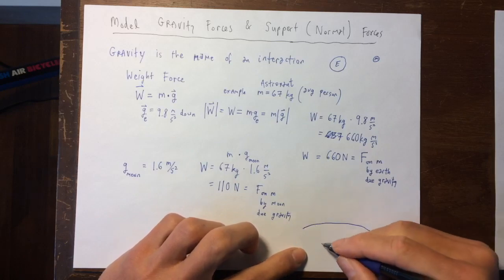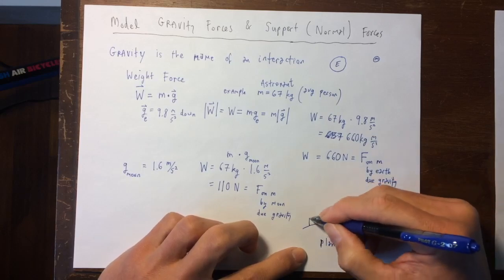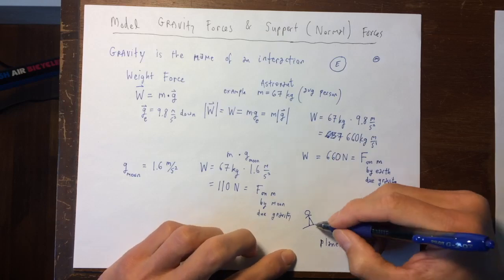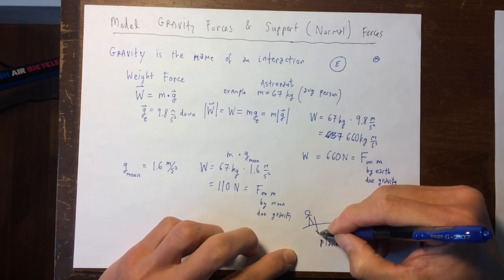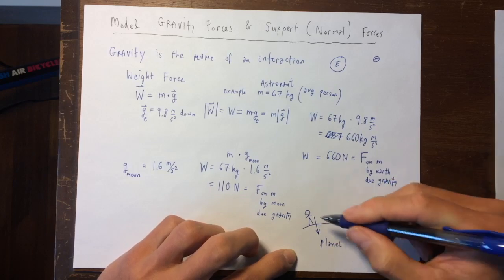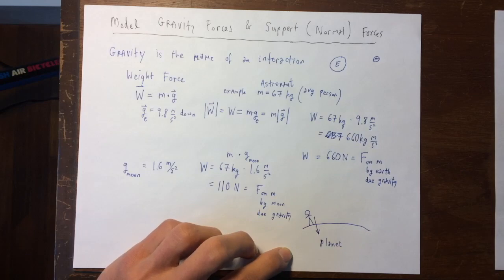So let's say that this is the planet, and I have the astronaut standing on whatever planet. So this weight force that's acting on the astronaut is headed down towards the center of whatever the planet is. It's a center-to-center force. So the direction is center-to-center.